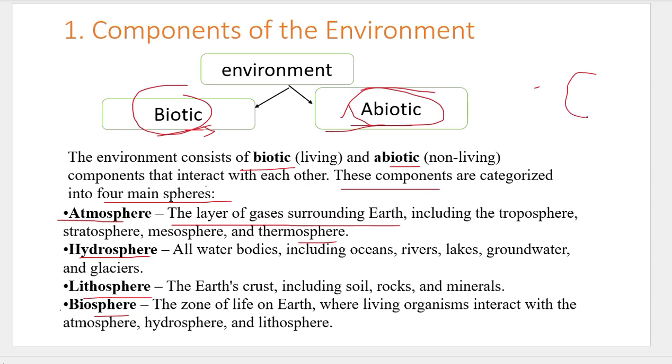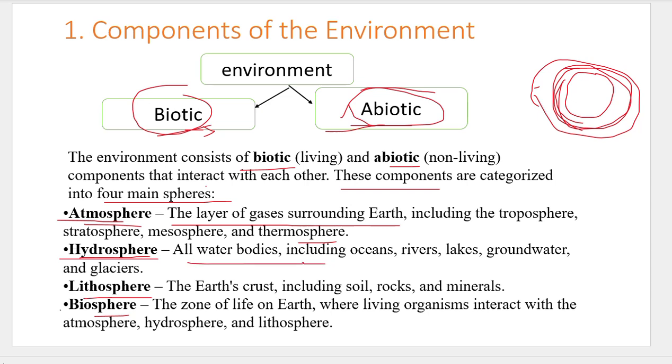Just as an example, this is our Earth, and there is a surrounding layer of gases. There are multiple layers; we'll talk about it in the next slide. So these layers of gases are called the atmosphere. Then hydrosphere means all kinds of water, including oceans, rivers, lakes, groundwater, and glaciers.